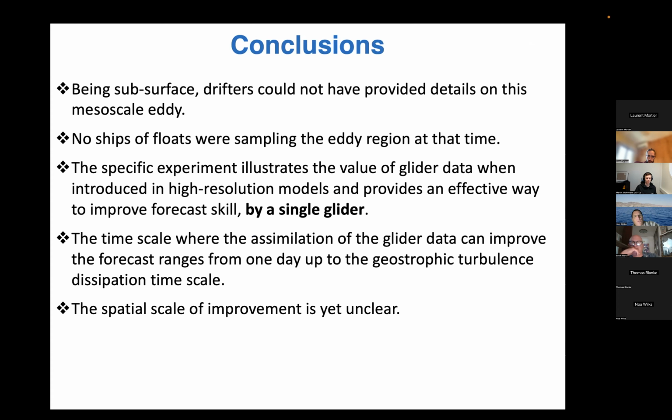It's difficult to know the spatial scale of improvement because we didn't have too much data to compare the assimilative model result with the control and with observations. We did notice that the effect of the assimilation is very far-reaching.